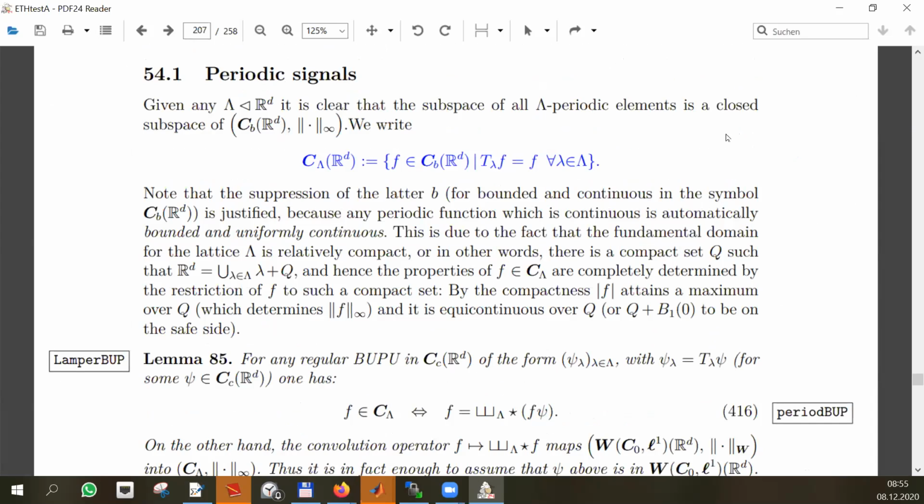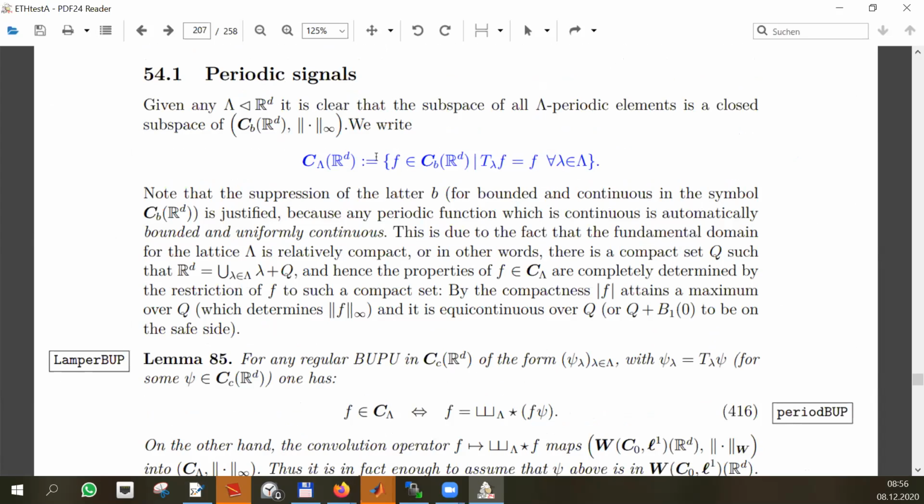So maybe the first thing is you're convolving it with mu. So what is mu with f from this space? Is it still lambda periodic? Okay, what is T lambda of mu convolved with f?